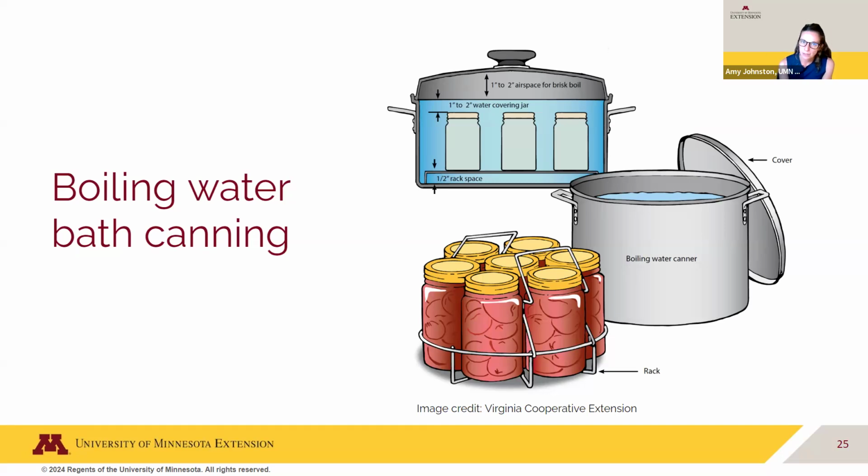So think back to the tomato example, that the whole tomatoes with no liquid versus tomatoes with liquid. The temperature of the food at the start of processing, so hot pack versus raw pack, the size of the jar, and the amount of time needed to promote the acidification of that food. So a good recipe is going to have all of that addressed in it, so you can have confidence in that processing time.